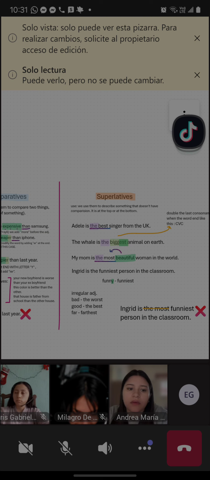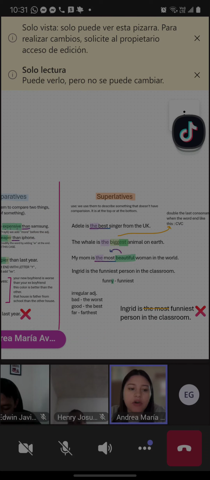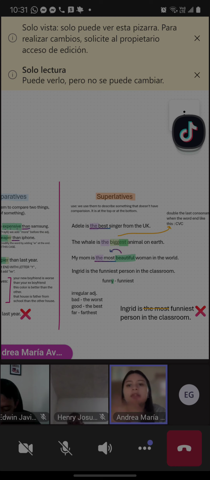In this sentence it is not correct, happier, right? No, the mistake is not happier. The mistake is saying more happier. Ah, okay. Happier is okay. The problem is when you say more and then modify the adjective. You have to modify the adjective and you don't add more.